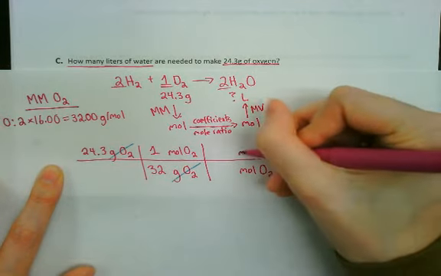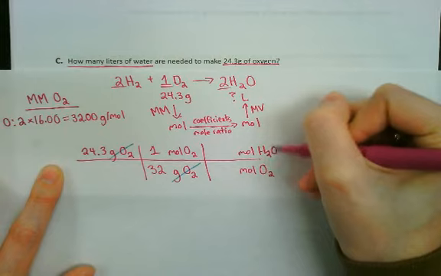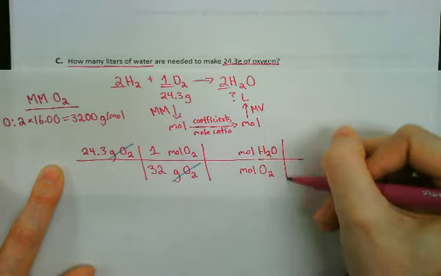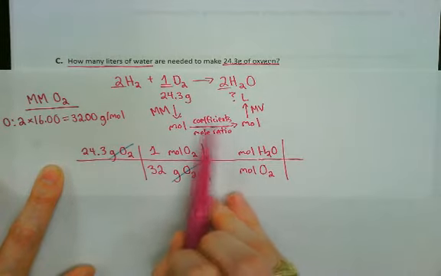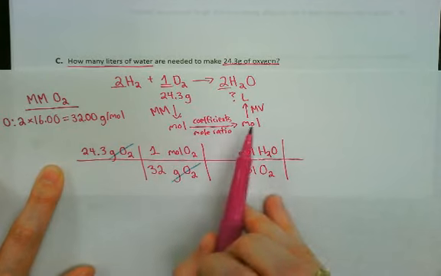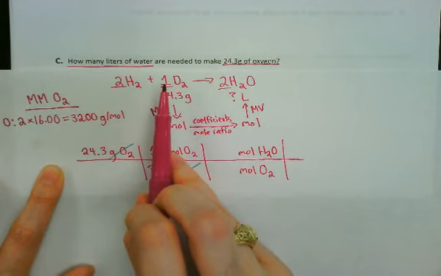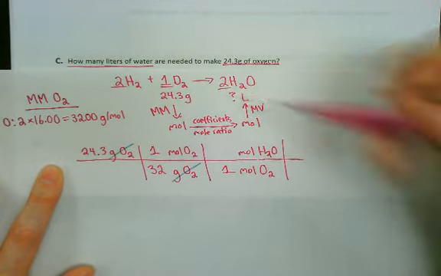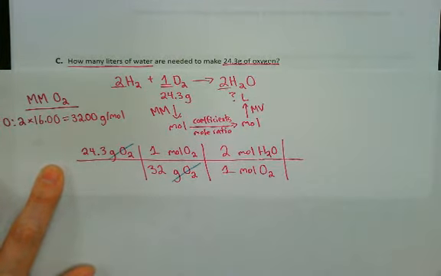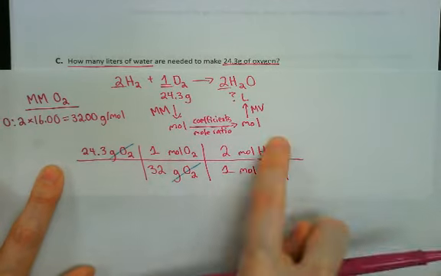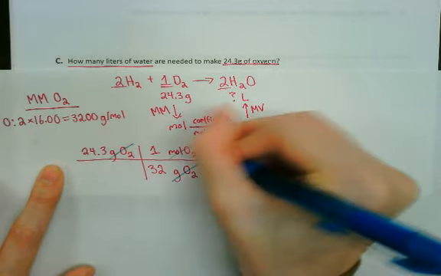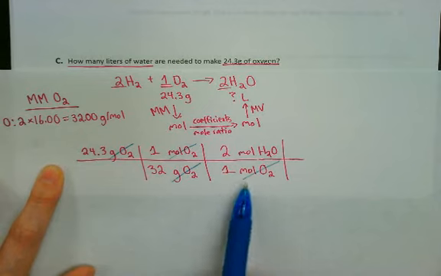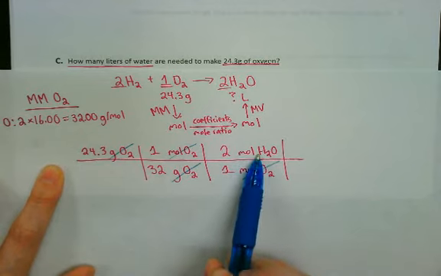We're going from moles of oxygen to moles of H2O. I'm going to use my coefficients, my mole ratio, to get from mole to mole. So right here I have the number 1 with oxygen, so I'm going to put that there. And I have the number 2 with H2O, so I'm going to put that there. That is step 2. We have now canceled out our moles of oxygen. We are in moles of H2O.